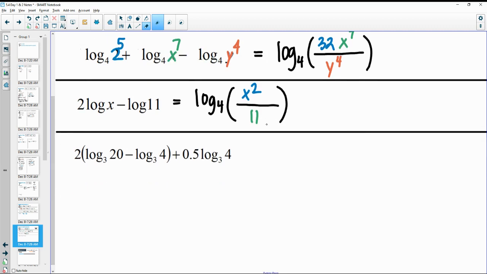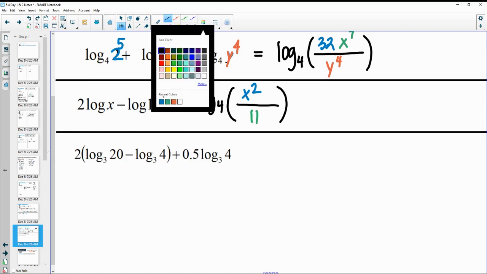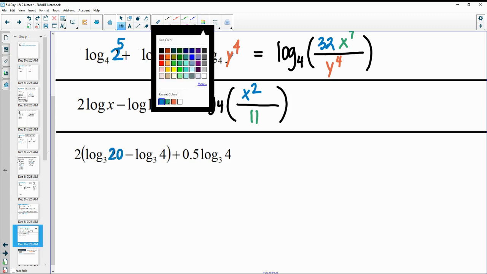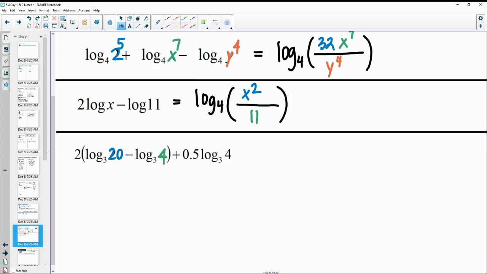Then this final one, so I'm going to leave this 2 out front first. So I'm going to deal with this 20 and then the 4. So let's make this one logarithm first. And so we get 2 times, in this case, log base 3. And now this is going to be division, right? Because we've got subtraction.